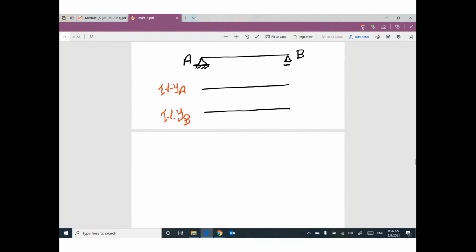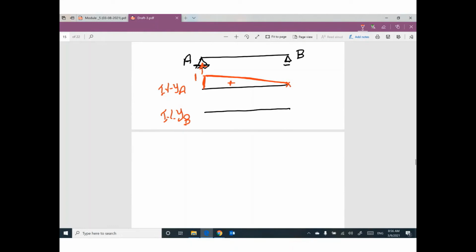Can you remember this? For YA, I will move this support up by 1. Any other support will remain as it is. Go ahead and connect between the two values. This diagram can be called the influence line for YA.